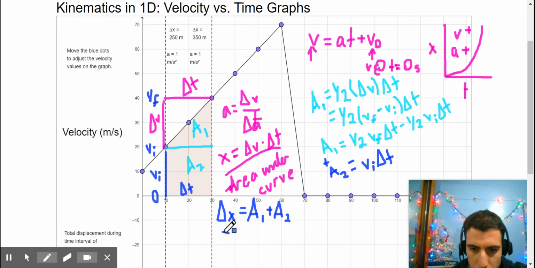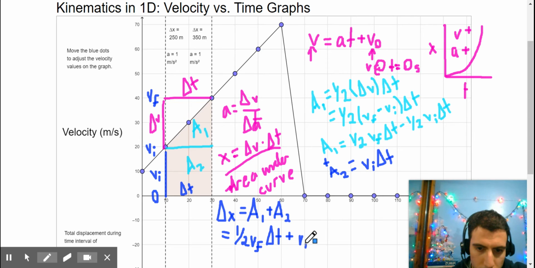So here we go. Here we have 1/2 V final delta T, and then I'm going to do V initial plus V initial delta T, then minus 1/2 V initial delta T. Now, if you notice, these terms are going to combine.